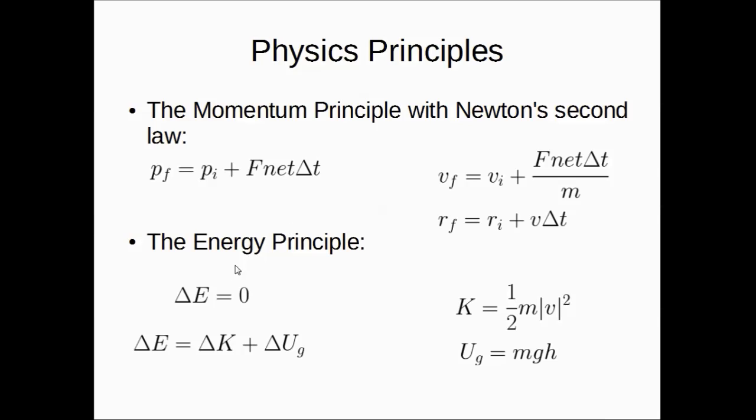And of course, delta E equals 0, and delta E equals delta K plus delta U_G. And here are the equations for the kinetic energy and the gravitational potential energy.